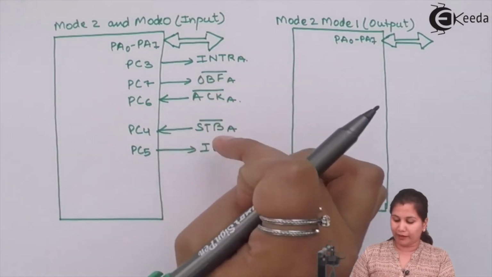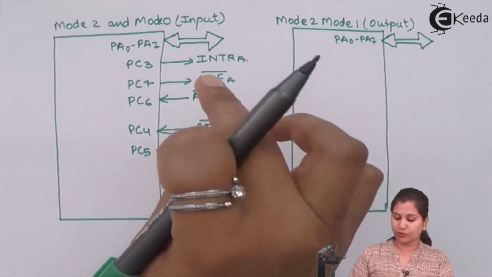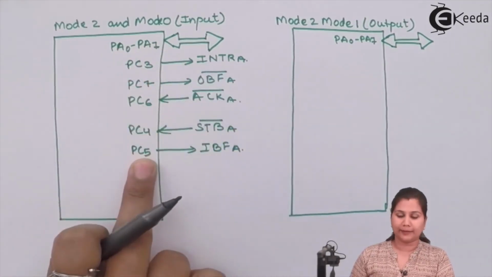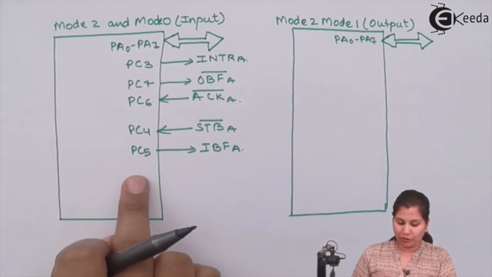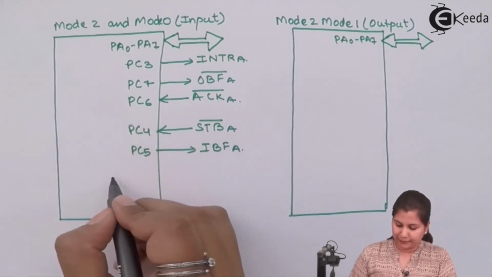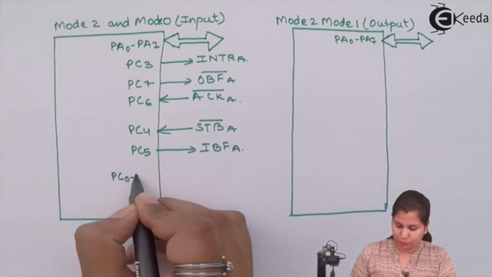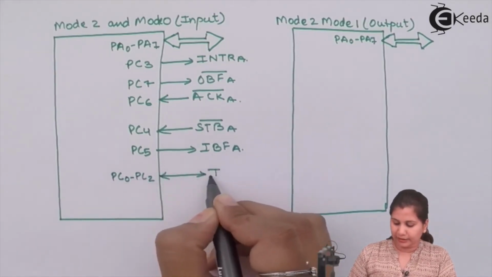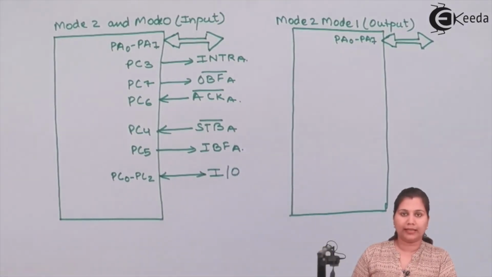So these are the 5 handshake signals used by port A, and these are the lines of port C. Now the 3 remaining lines, PC0 to PC2, can be used as either input or output lines.